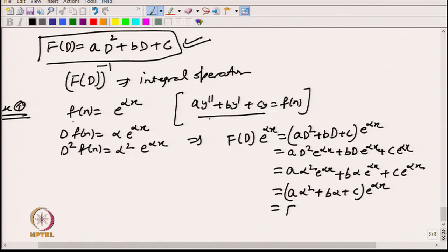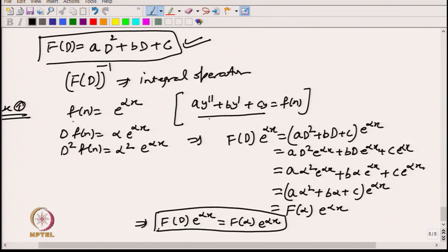So, I can write this as F(alpha) e raised to power alpha x. So, from here I get that F(D) e raised to power alpha x becomes F(alpha) e raised to power alpha x.